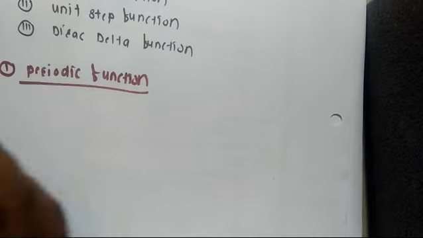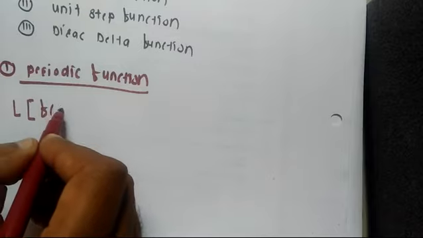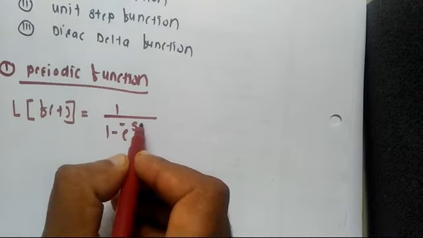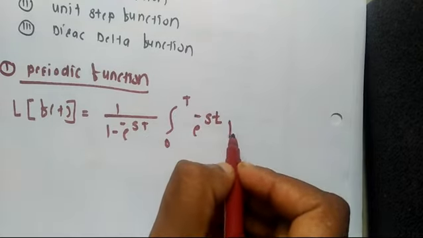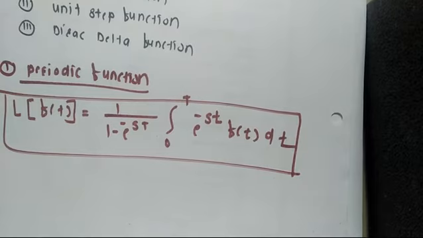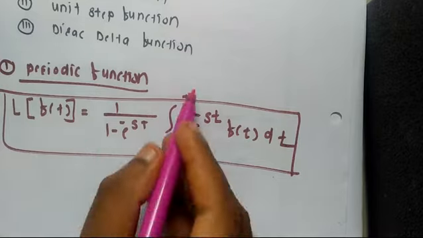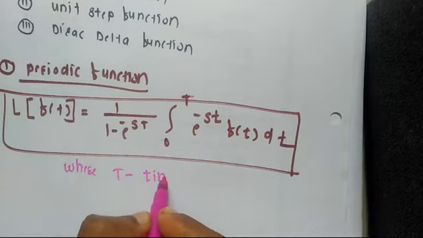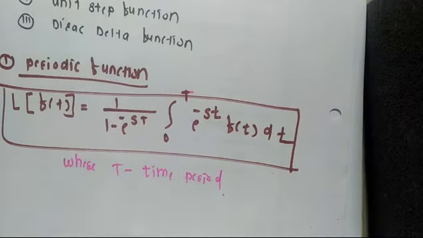The formula is: Laplace transform of f of t is equal to 1 upon 1 minus e to the power minus sT, times the integral from 0 to T of e to the power minus st f of t dt. Here capital T is the time period.